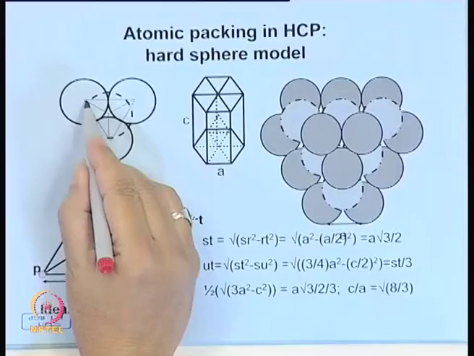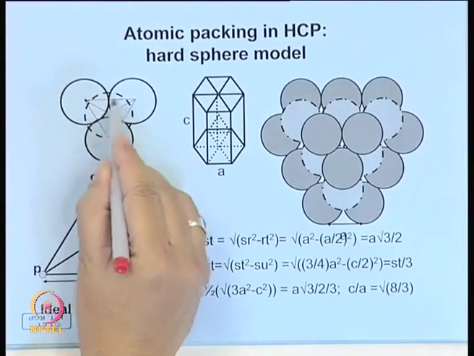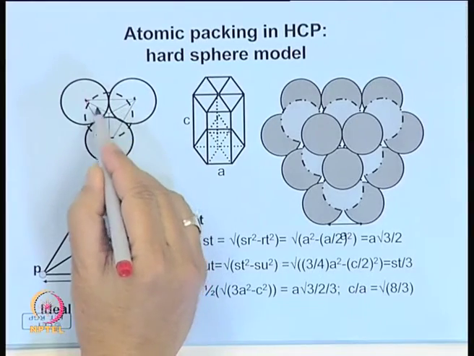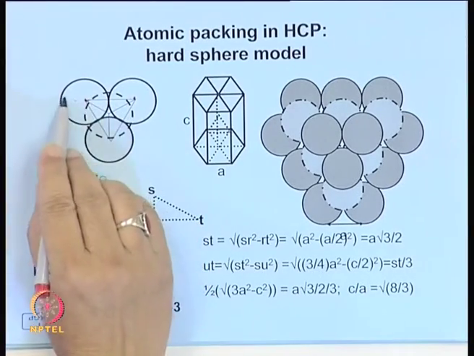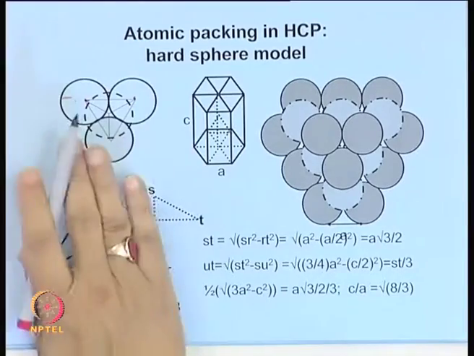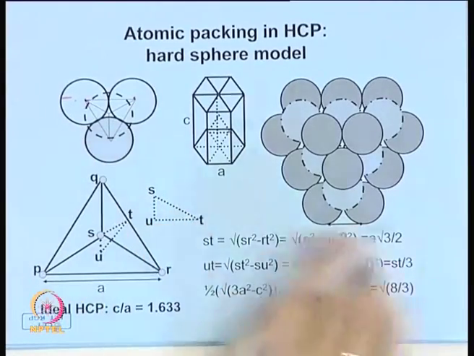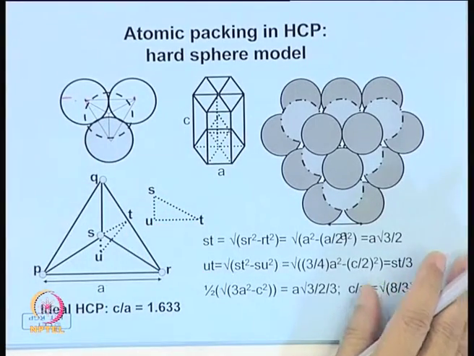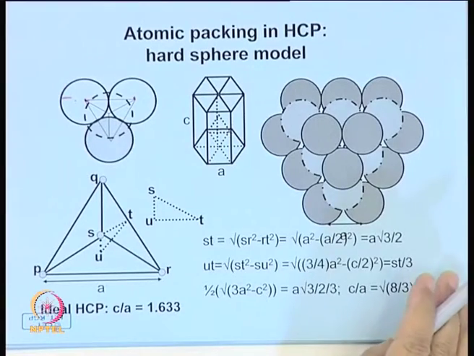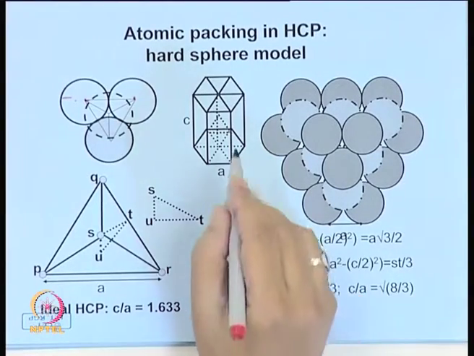Therefore, hexagonal close packed arrangement will put a restriction on these two dimensions: the dimension in the plane between two atoms and the dimension between this layer and the top layer. It will be worthwhile to look at the magnitude of this.